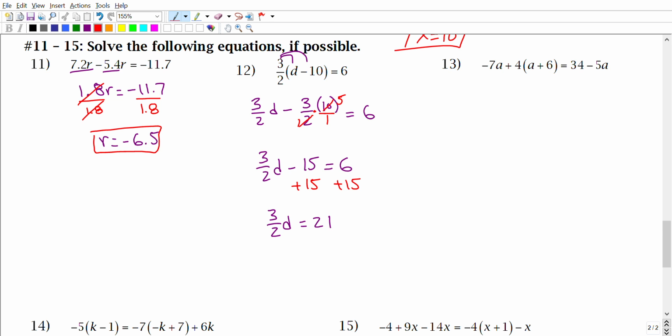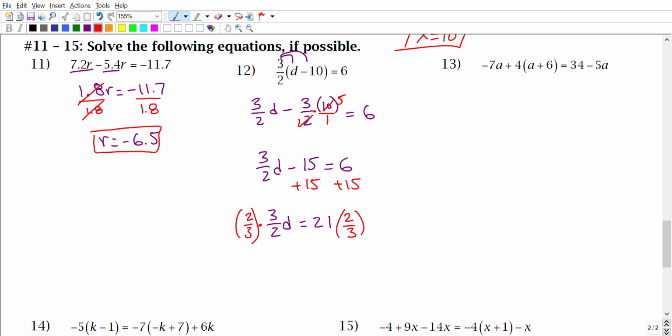So in the past, we've tackled this type of problem in two different ways. We've tried doing SADMAP by getting rid of that division by 2 by multiplying 2 on both sides and then dividing by the 3 to get the d by itself. However, I think you guys are getting to the point where you need to start learning some shorter methods.